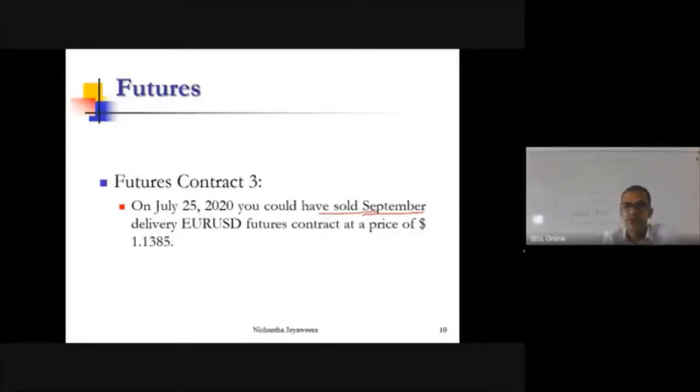But if it is forward contracts, your profit is locked, but still you are running 2 forward contracts until September, until you reach the maturity date. In futures, there's nothing. Once you buy and sell, it's gone. You don't have anything to do with the exchange or the brokers or anybody.